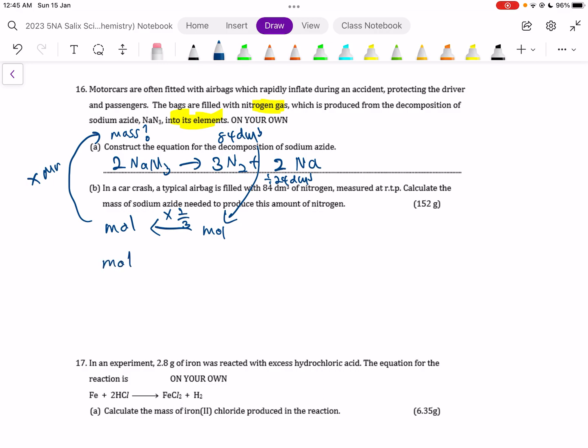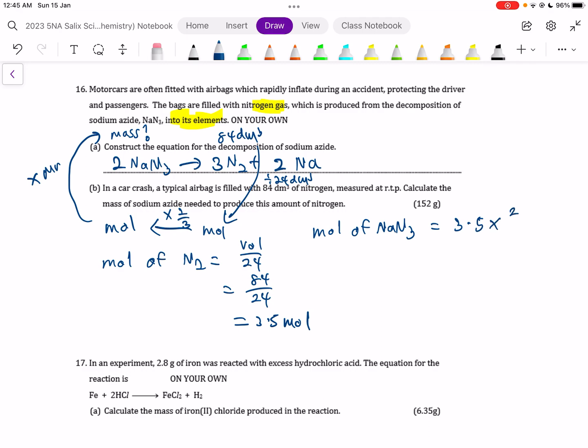So the number of mole of your N2, take volume over 24. Volume is 84, then divided by 24. Okay, 3.5 moles. Then you want to find the number of mole of NaN3. Take 3.5 multiplied by 2/3.